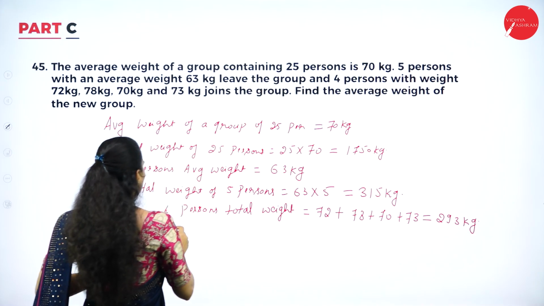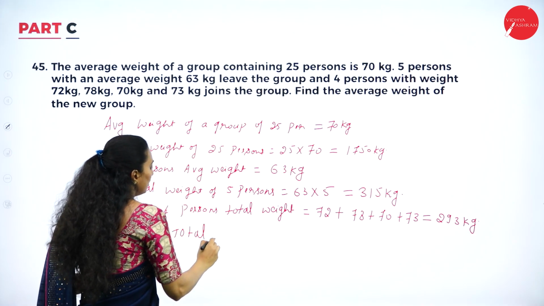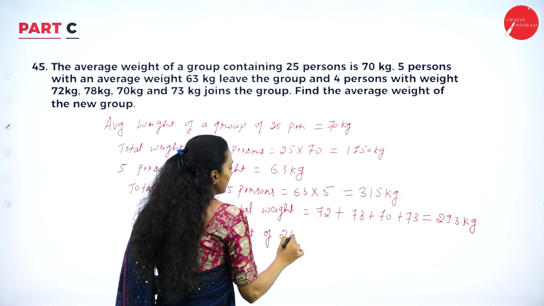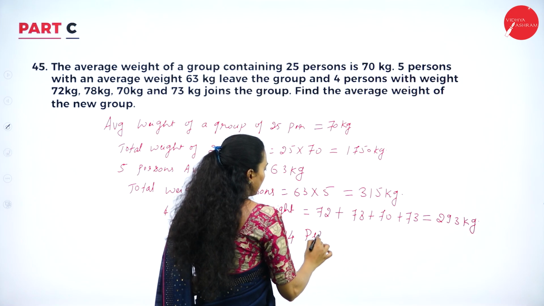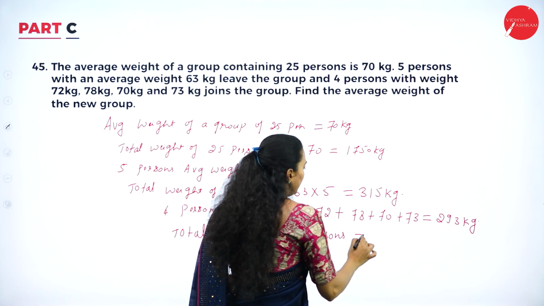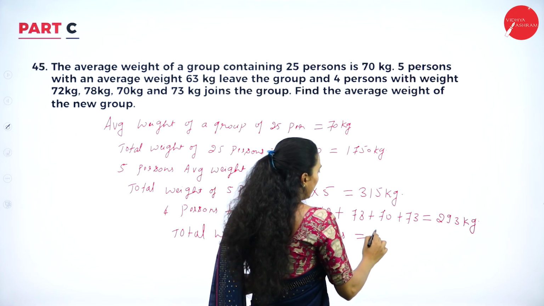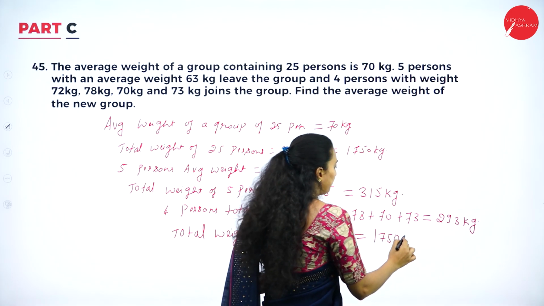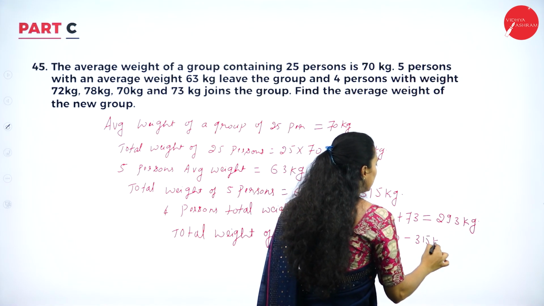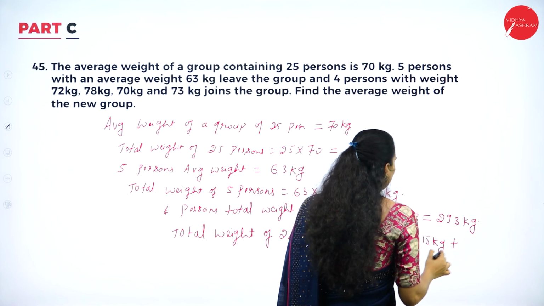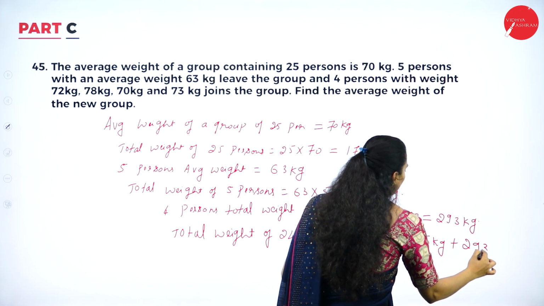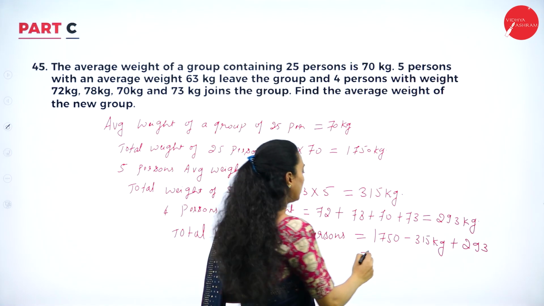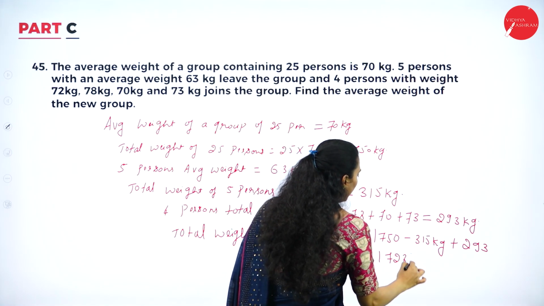So therefore the total weight of the 24 will be equal to 1750 kg, you have to subtract the 5, which is 315 kg, then you have to add the new, which is 293 kg. Correct. So that gives you the answer 1728 kg.